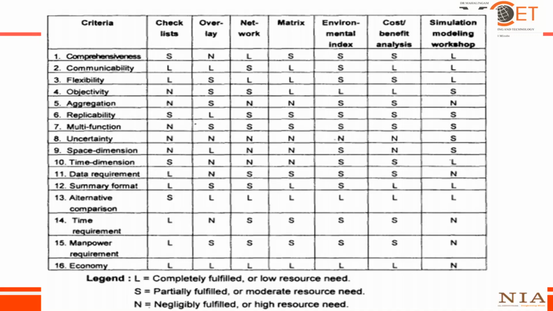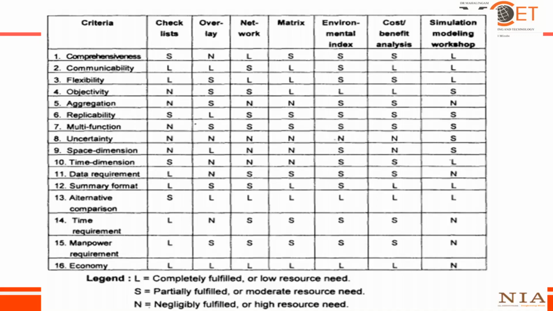So when you see the checklist method, right, I told you what the checklist method is. The reason why I explained everything in brief is because you should know what that particular method is, right? So that's the reason why I gave a brief description in the last session, so that you know what I'm speaking about, right?